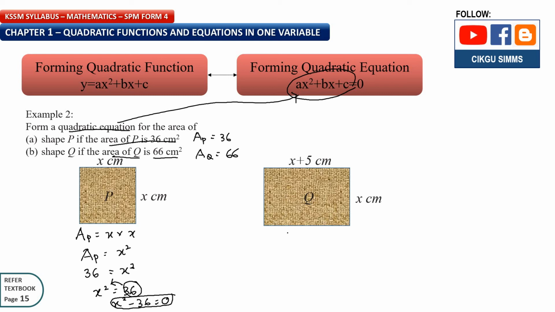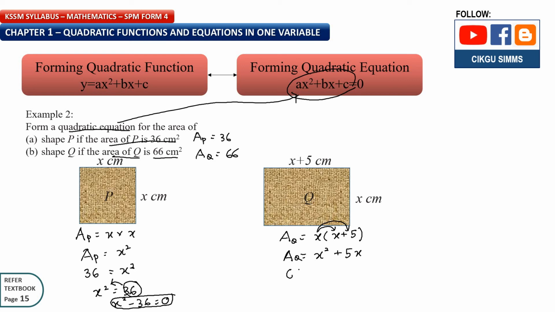Okay, we solve the same thing for Q. Area of Q is x times x plus 5, and then you multiply inside: x squared plus 5x. This is your AQ. So this is your quadratic function, but we can form a quadratic equation because we know the value of AQ.